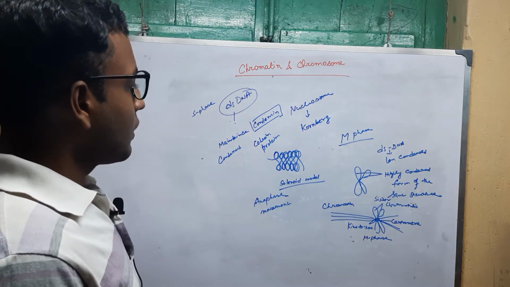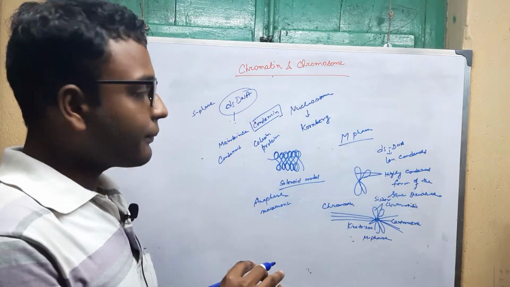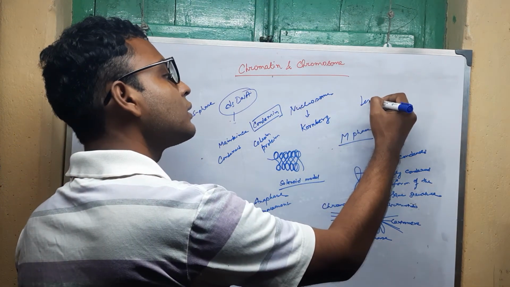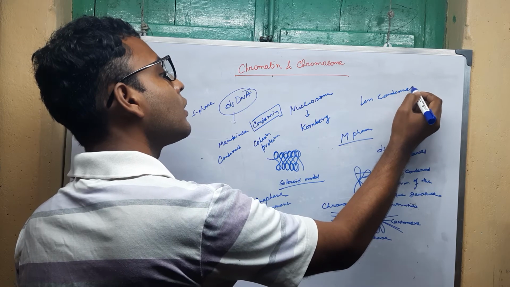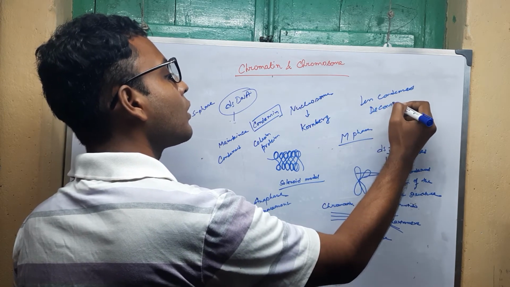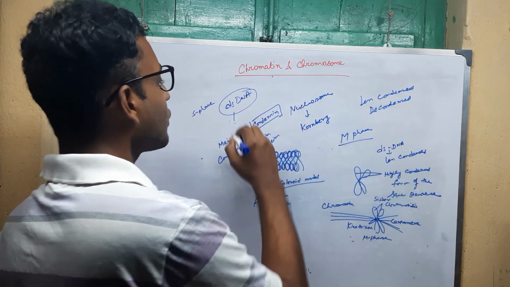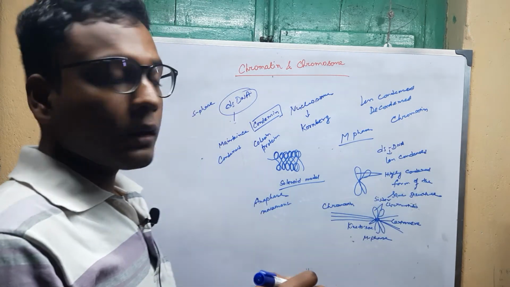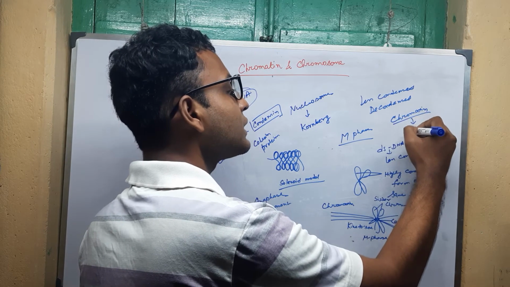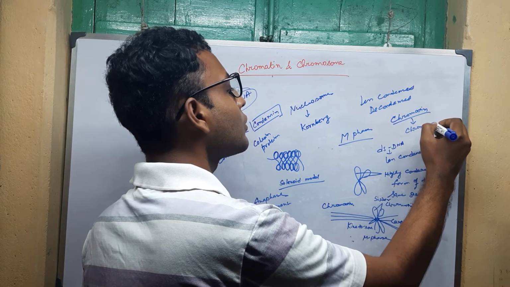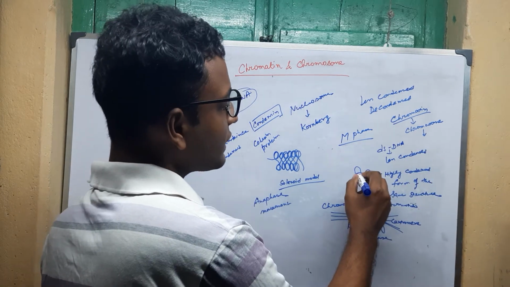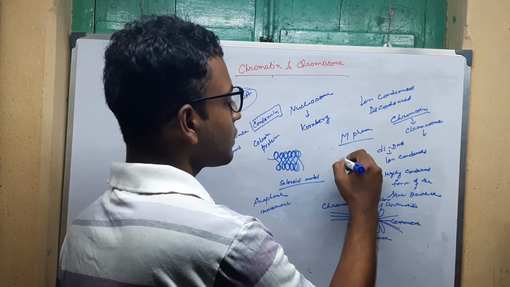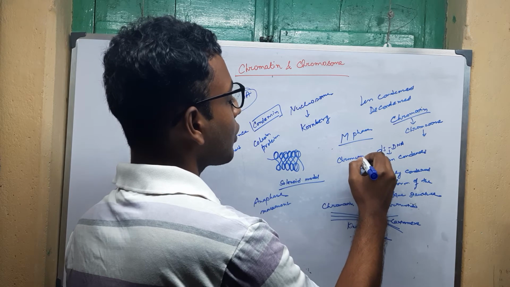So, from this discussion, it is clear that the double-stranded DNA, when it is in the less condensed or decondensed form, is known as the chromatin, and when in the M phase this chromatin gets condensed, it is known as chromosome, and these two homologous chromosomal arms are known as chromatids.